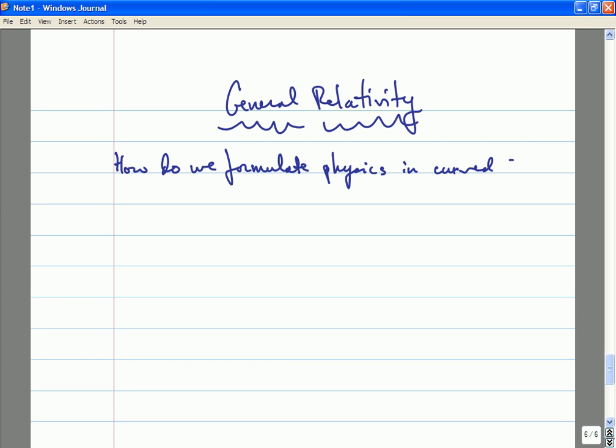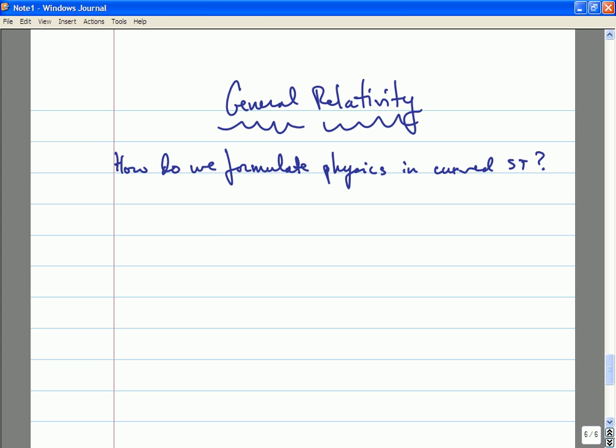Up to now, we, in our lives as physicists, have spent a considerable amount of time and effort developing laws of physics which are valid in flat space, and in particular, laws of physics which are valid in special relativity.